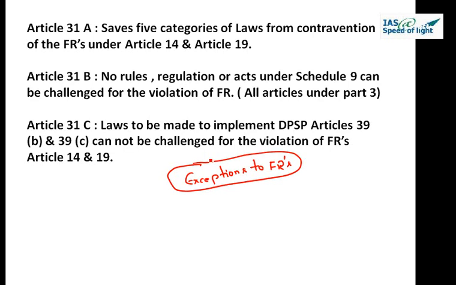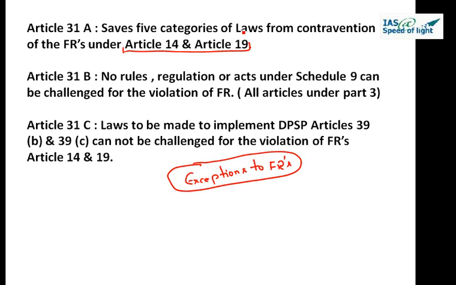Article 31A says five categories of laws are protected from contravention of fundamental rights under Article 14 and Article 19, which are the right to equality and the right to freedom. So for these five categories, if a government makes any laws, these laws will not be considered a contravention of the fundamental rights by the court.